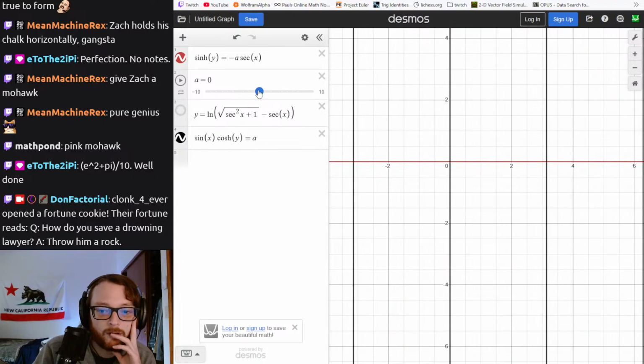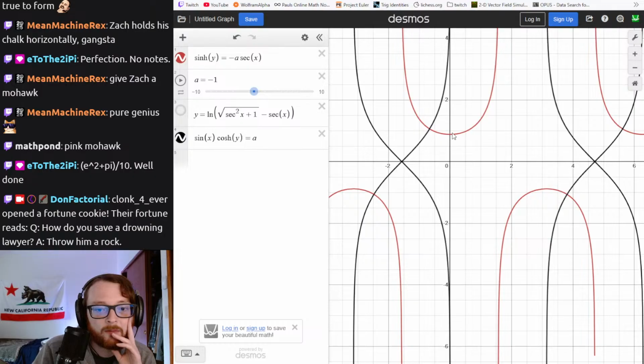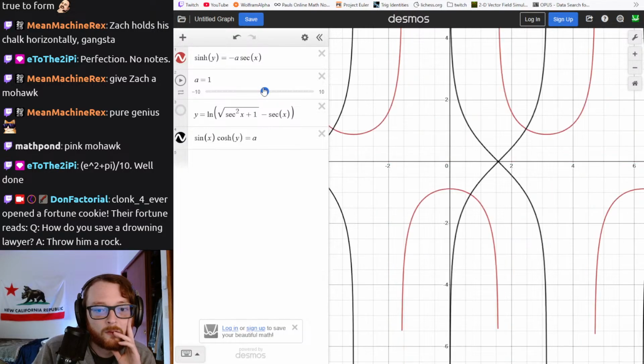Okay, so we maybe want to come up on this black bar. Travel to the right on this red piece. Come back down on this red piece.